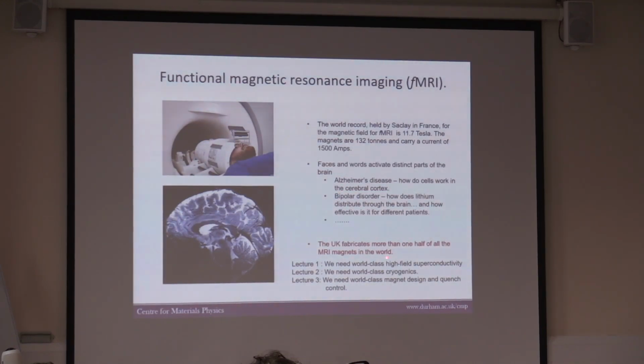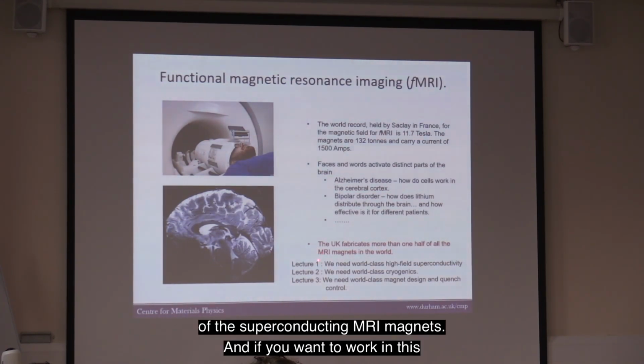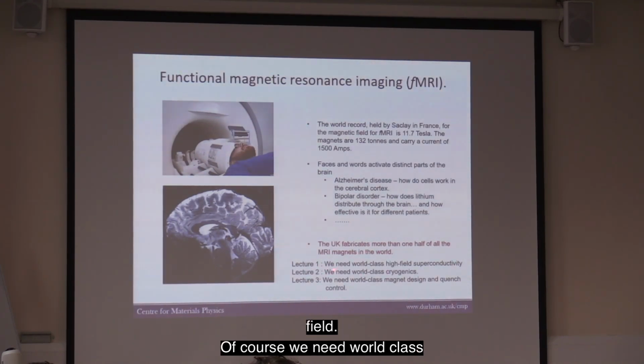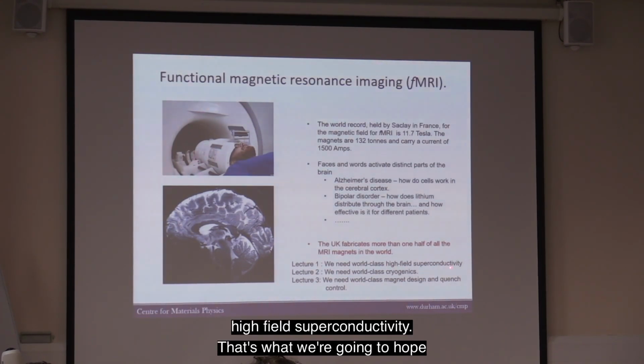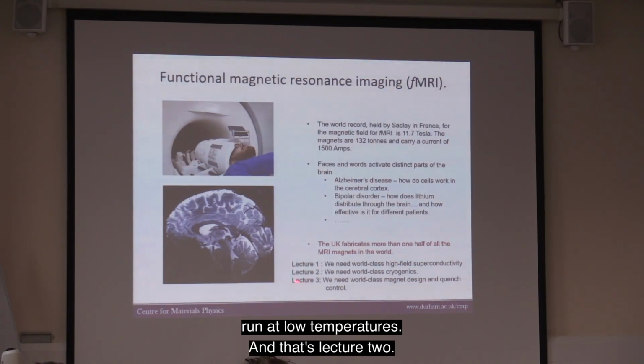As I've mentioned, the UK fabricates more than 1/2 of the superconducting MRI magnets. And if you want to work in this field, of course, we need world-class high-field superconductivity. That's what we're going to hope to look at in this lecture here. We need to understand world-class cryogenics, because the superconducting magnets inevitably run at low temperatures, and that's lecture 2.